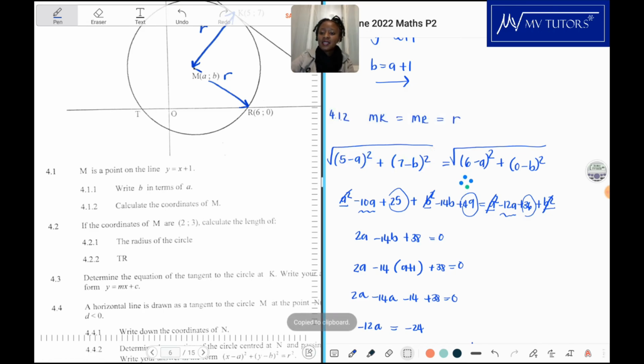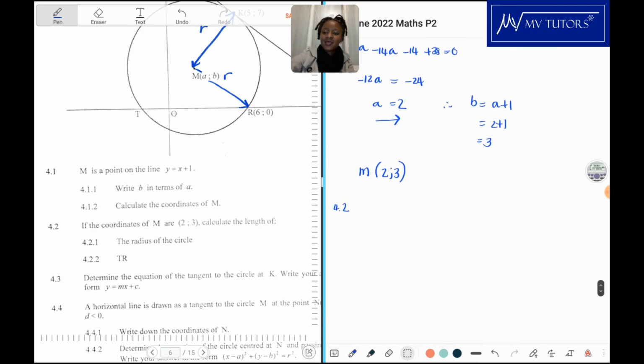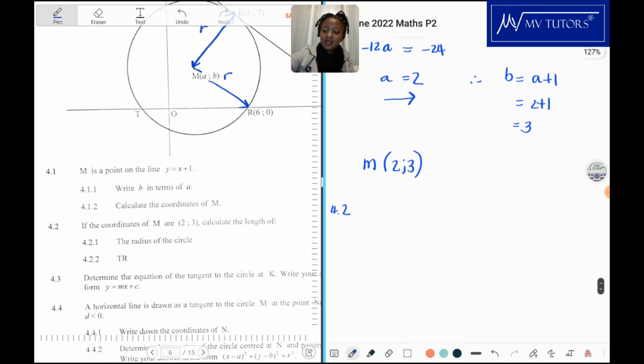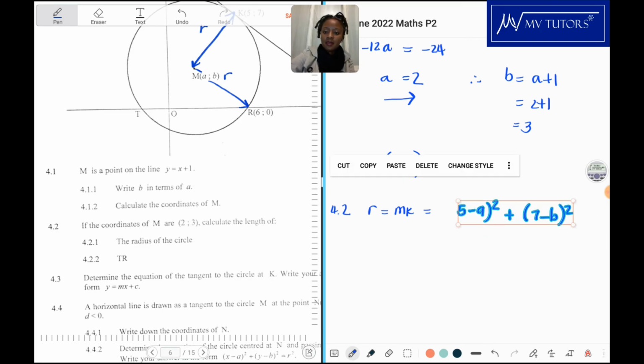I'm going to say mk. So the radius, which can be mk, will be equal to that thing that I copied. Not forgetting the square root.